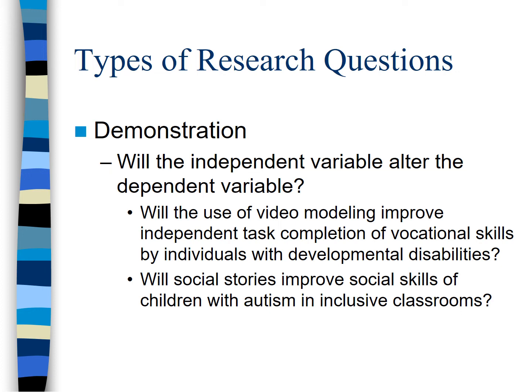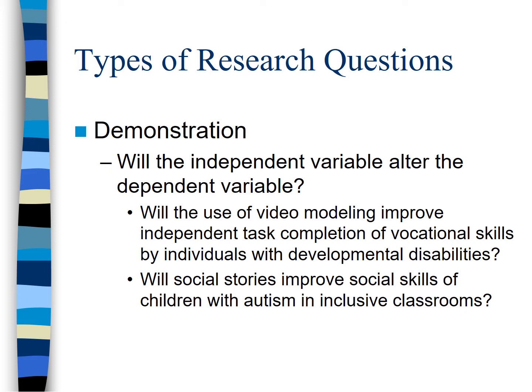The first questions are always just about, does this actually work? And that's what a demonstration question does. It asks, will this intervention have this effect on the dependent variable for this group of participants? So some examples might be, will the use of video modeling improve independent task completion of vocational skills by individuals with developmental disabilities? So that's just a straightforward question.